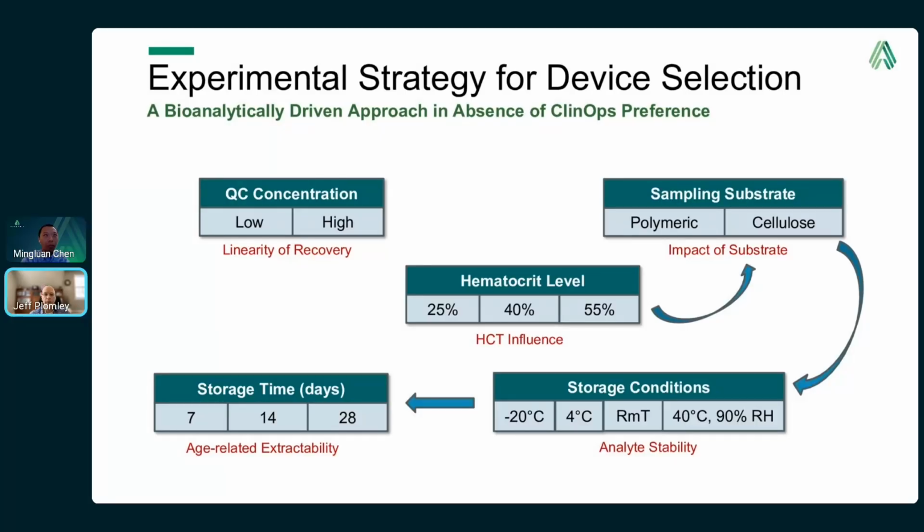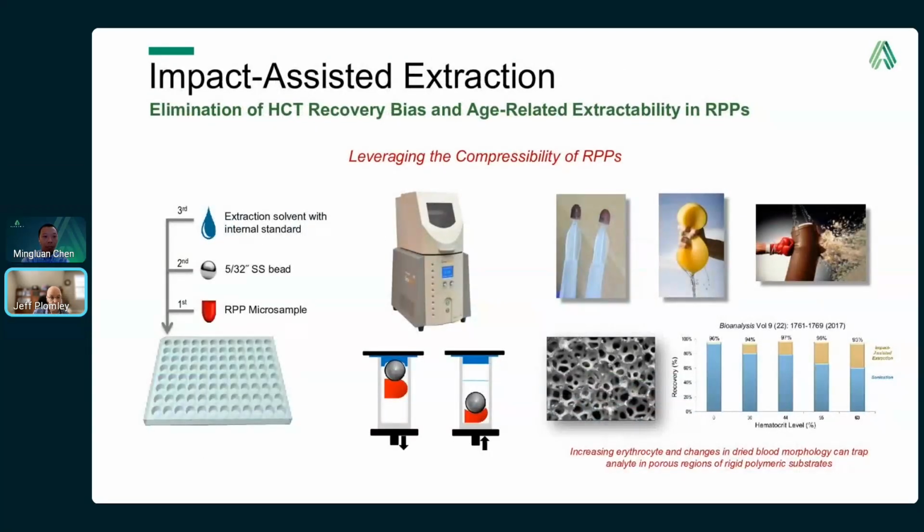So with this experimental design, we can examine the interrelationship between hematocrit level, analyte stability, and age-related extractability, while also determining the role that the sampling substrate might play in either exacerbating or mitigating each of these occurrences. And we've leveraged this experimental strategy on a large number of programs with great success.